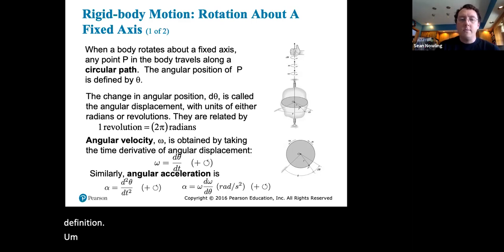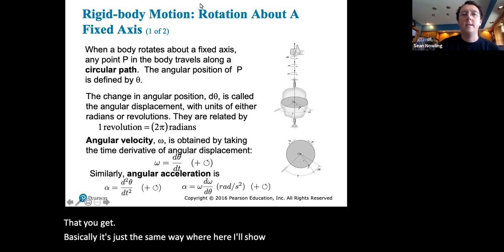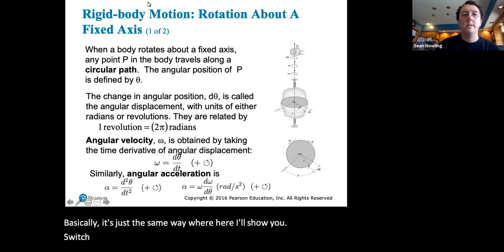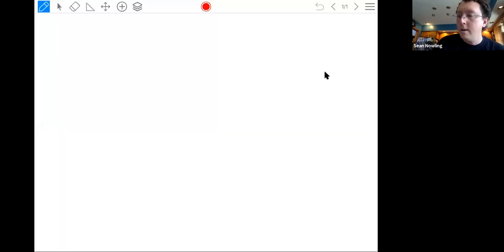There's a nice little formula that you get. Let me switch screens here. Just like for velocities, we had v dv equals a dx.